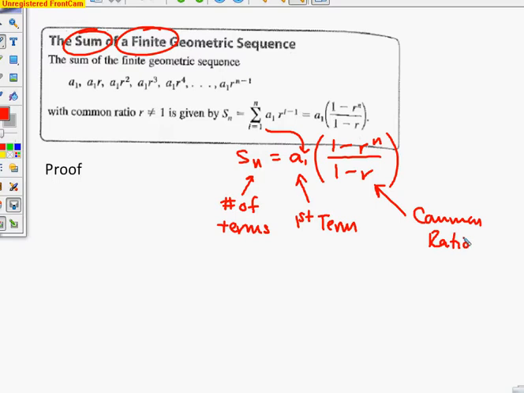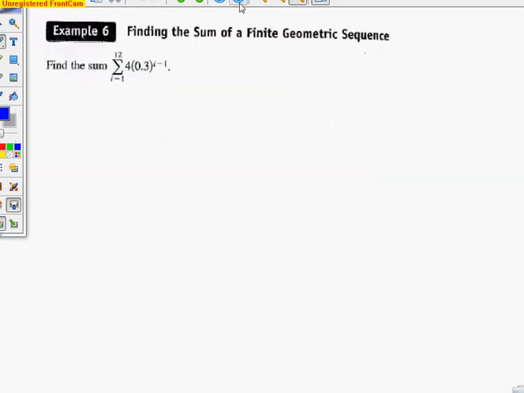We will skip the proof here. Again, it is a clever proof, but we'll skip. So this is how we're going to find the sum of a finite geometric sequence. Let's see if we can put this into motion. Let's find the sum here.